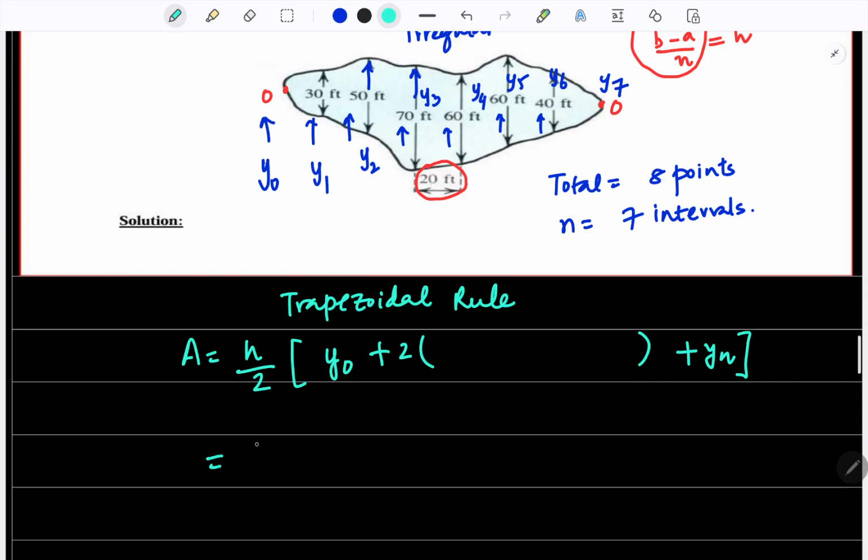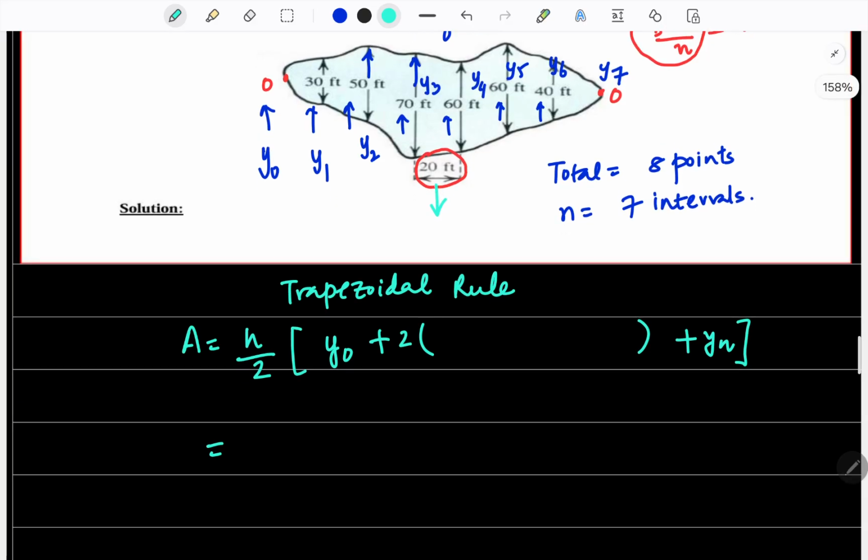So h is equal to 20, which is given in the question. So 20 divided by 2 bracket open, your first value is 0 and the last value is 0, 0 plus 0.